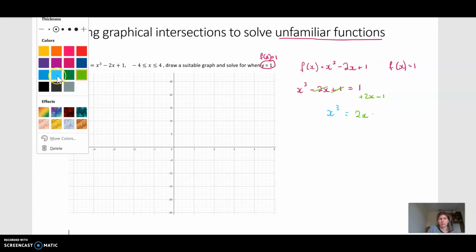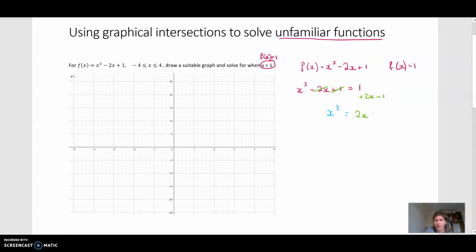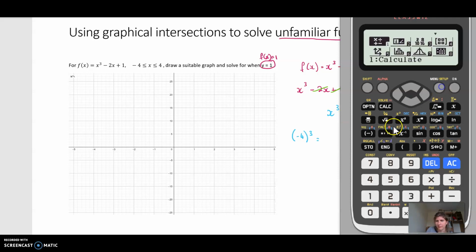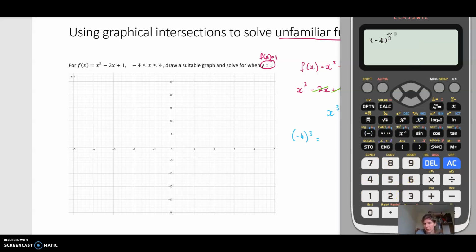Now we're going to go through and plot the points for this. Okay, so x cubed. We're plotting between -4 and 4. So the first one we're going to look at is -4 cubed. Now, if I get my calculator up, I'm going to type in -4. Remember to put the brackets in for a negative. Okay, cubed, equals -64.